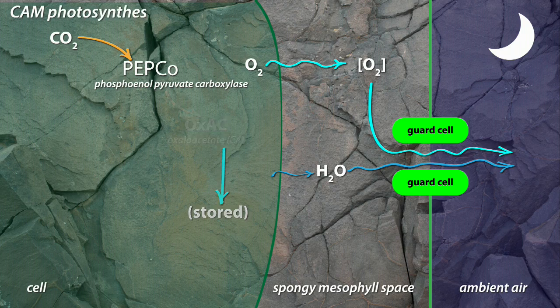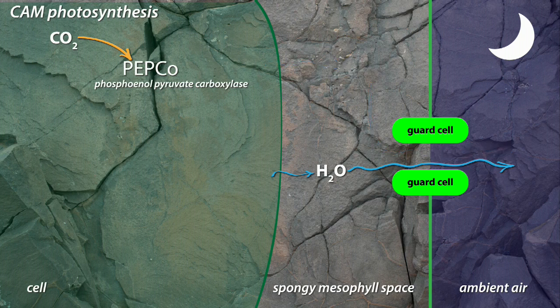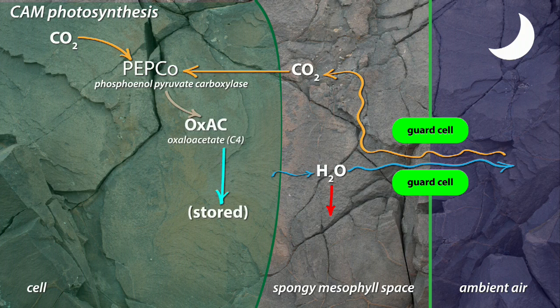CAM photosynthesis provides an additional means of decoupling carbon fixation from water vapor loss. Like in C4 plants, CAM photosynthesis provides a workaround to Rubisco's susceptibility to photorespiration from high oxygen in the leaf during the day. At night, the stomata of CAM plants are open. Water loss rates are low because the leaf is cool. Now, CO2 is able to enter the spongy mesophyll from the atmosphere, where PEPCO converts it to oxaloacetate, as in C4 photosynthesis.